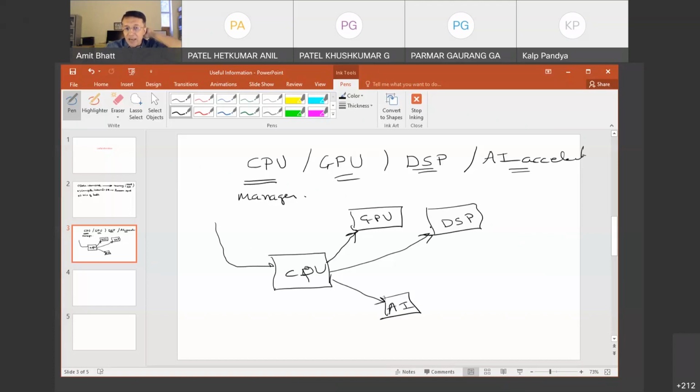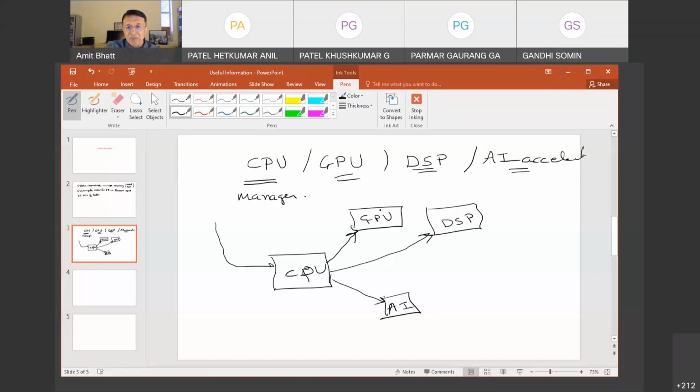If you have a state-of-the-art GPU but you don't have a powerful CPU, things would not be running as smoothly as you wish. You may feel, oh, I got a GPU which is so nice and so expensive, but it is not giving me a satisfactory result. But the CPU also has to be powerful enough to assign work to the GPU and get the desired result. Same thing goes with DSP.